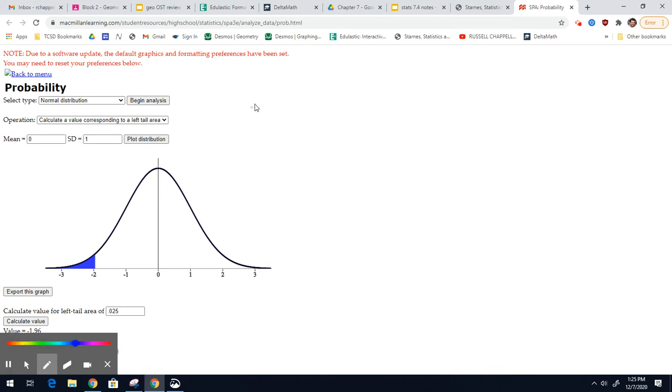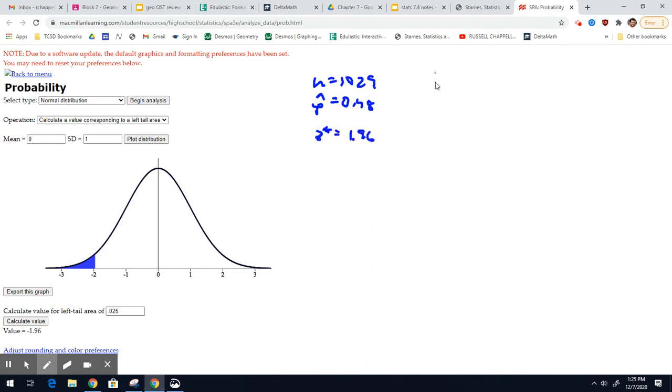So I'm going to go ahead and finish on this slide here. So we have, again, n was 1,029, p hat was 0.48, and now our z star is 1.96. To build my confidence interval, we'll start with 0.48, the point estimate, plus or minus 1.96 times the square root of 0.48 times 1 minus 0.48, all over 1,029 in that square root.